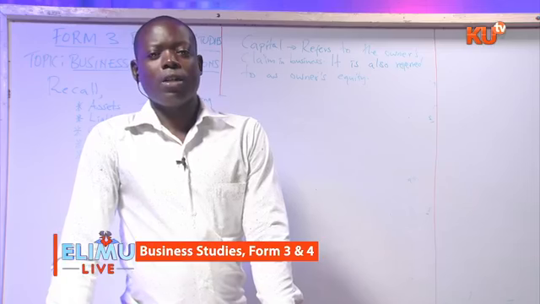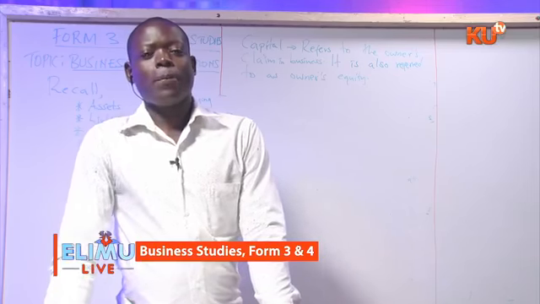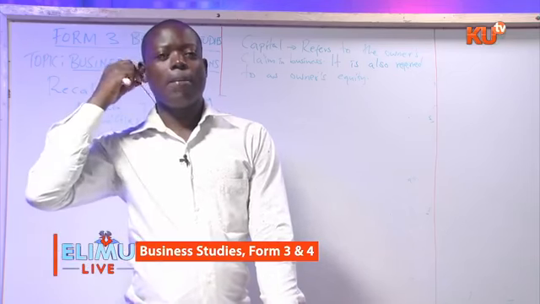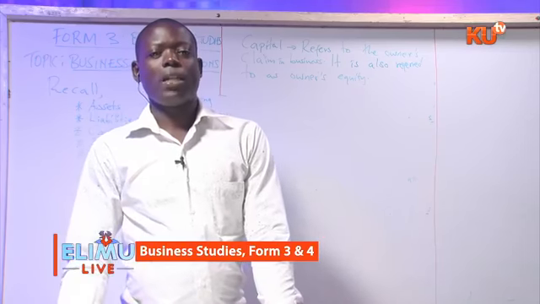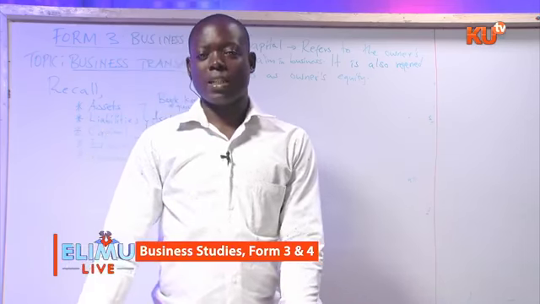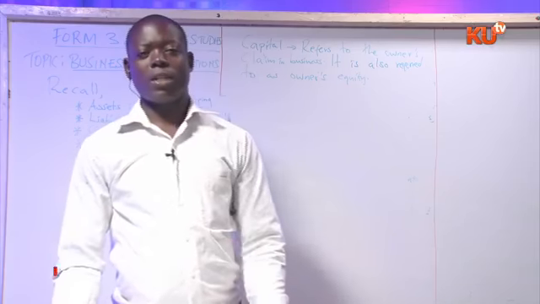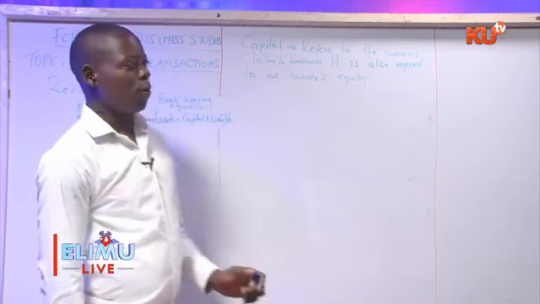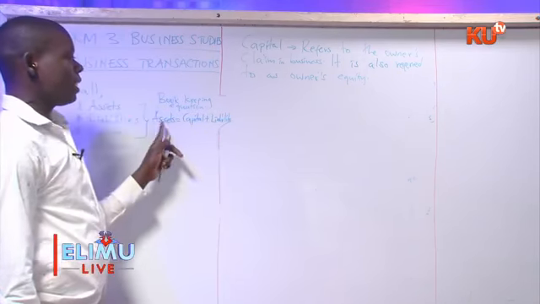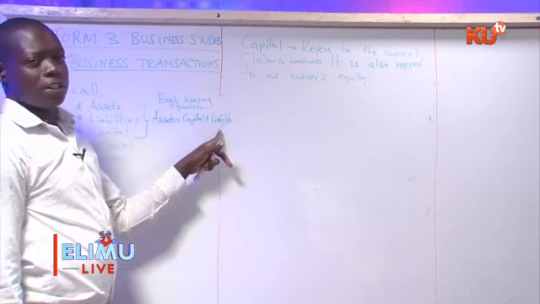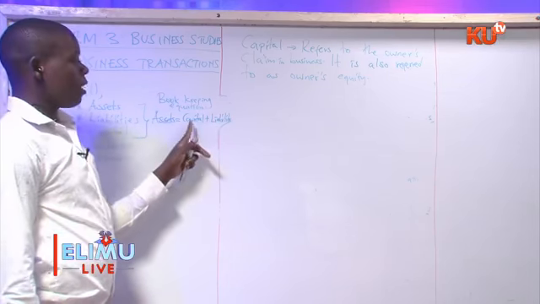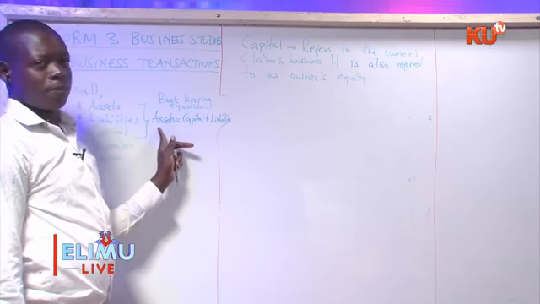It's important, students, to remember that the owner's equity does not necessarily mean cash, but it also has to do with assets. It has to do with resources. That is why, when we give the concept of assets, it's all about capital and liabilities, meaning capital also has something to do with the assets.